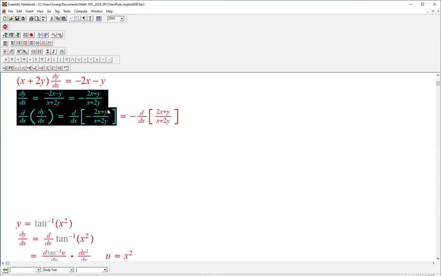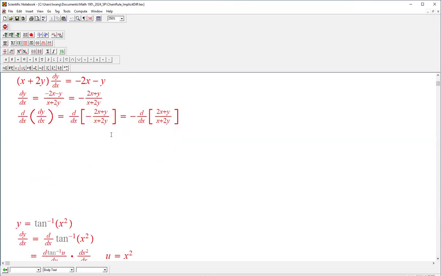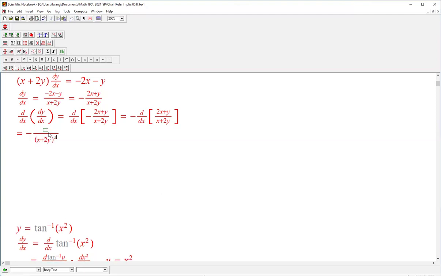I have dy dx found, so I'm going to continue on finding the second order derivative, which is the derivative of the first order derivative. So with the negative sign tagging along, we're going to follow the quotient rule. The denominator is x plus 2y, and this denominator will be squared.